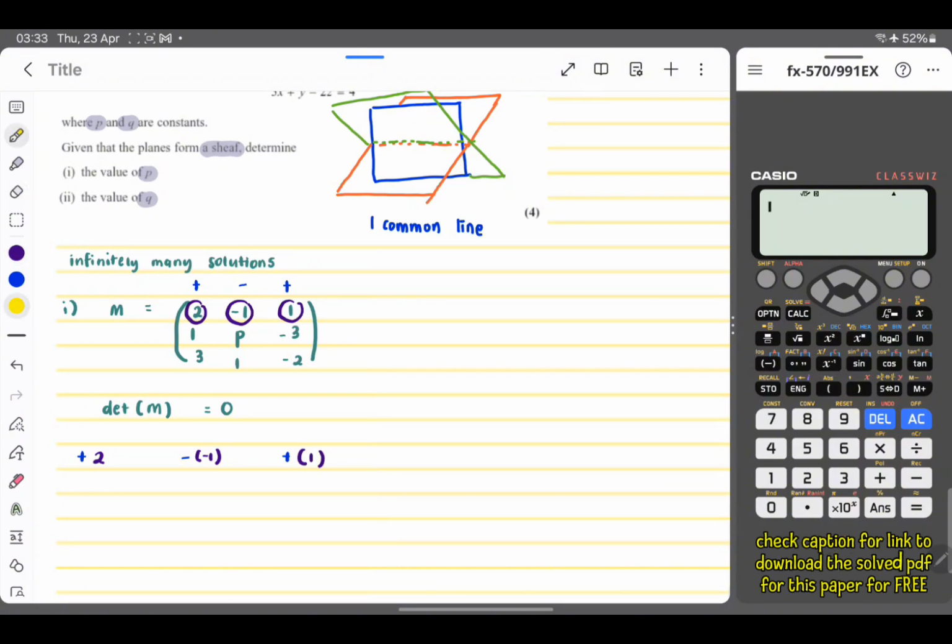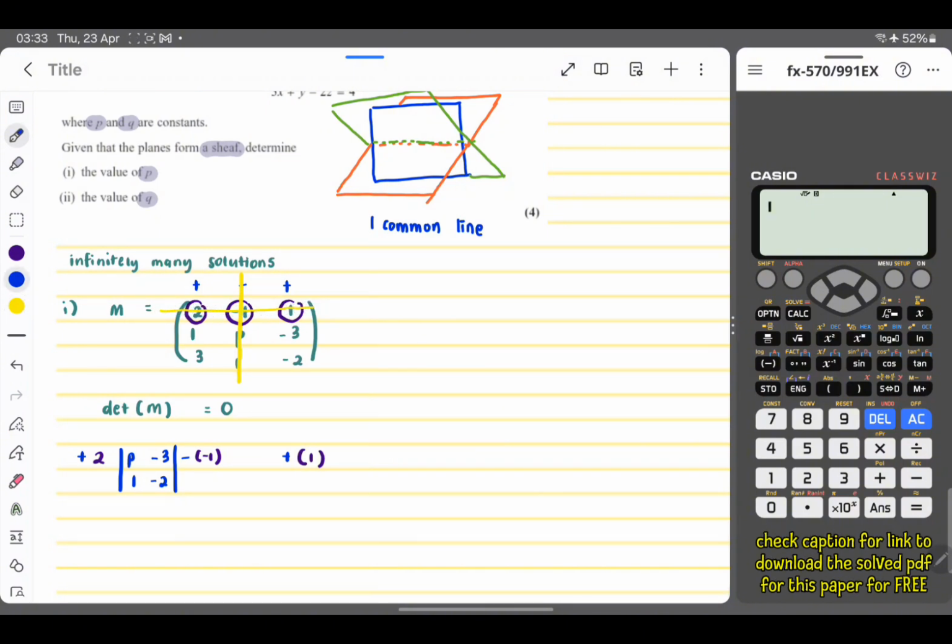Next, let's take a look at 2. So what I'm going to do now is close its column and its row. Then I will write down the remaining matrix. So it will be P, negative 3, 1, negative 2. That's it. Okay, moving on to the second column. I'm going to close this column and this row.